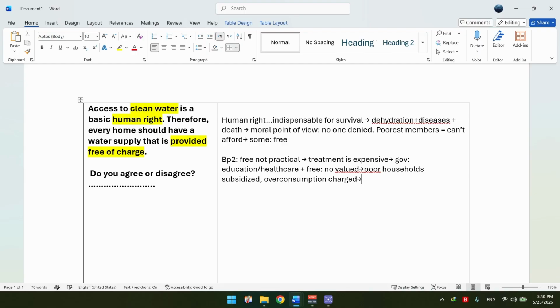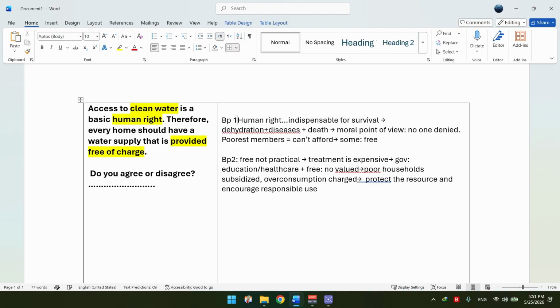This will result in protecting the resources and also encouraging responsible use. So if we do this, these are going to be the ultimate results. All right, so we just planned our two body paragraphs in just a few minutes.